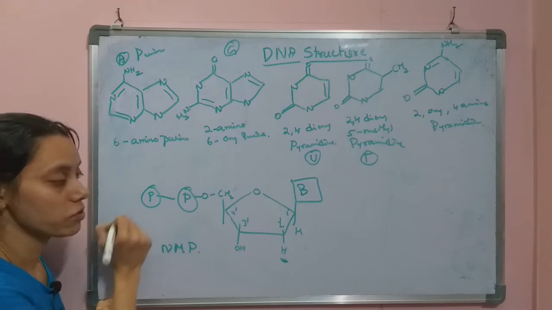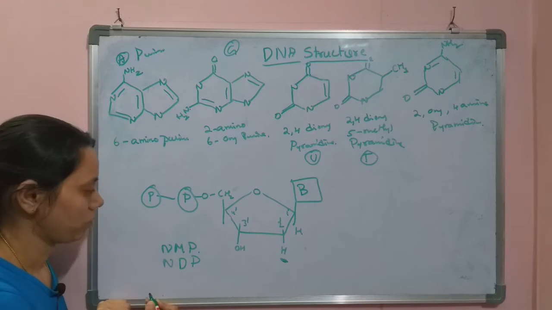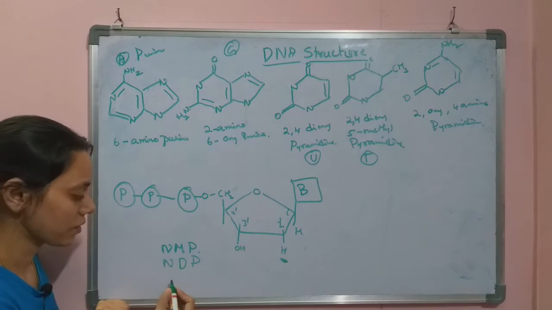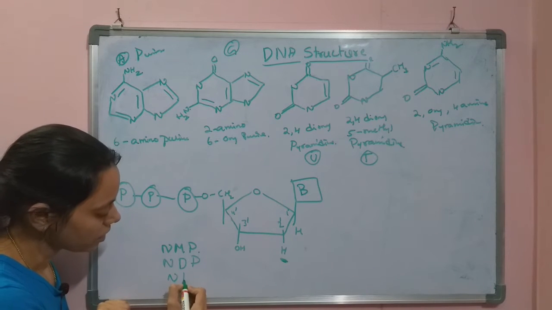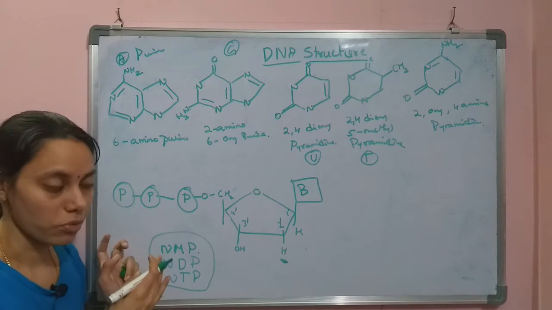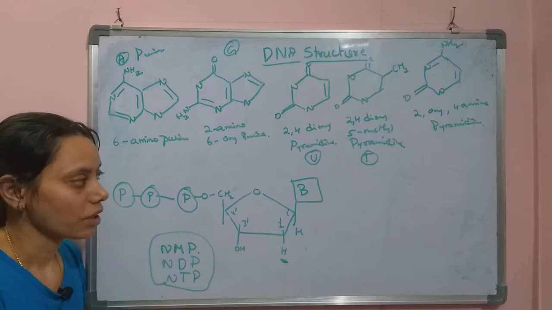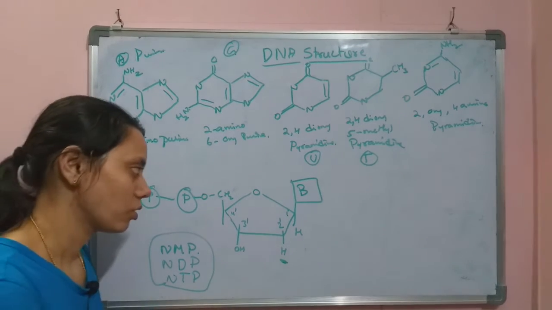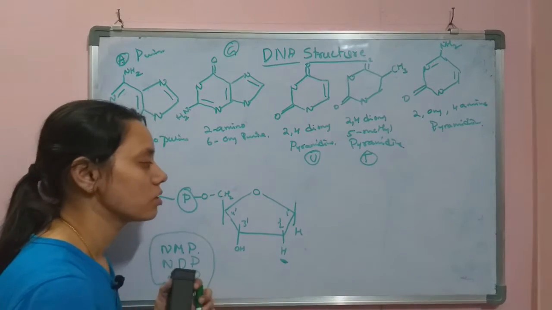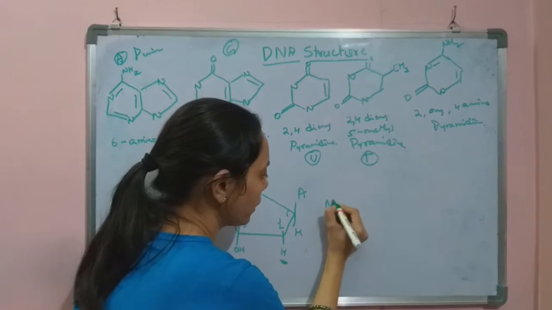If two such phosphates are present, then it is a nucleotide diphosphate, and if three phosphate moieties are there in the nucleotide, that is a nucleotide triphosphate. So based on the number of phosphates we classify nucleotides, followed by the type of nitrogen bases. If adenine is present, then it is adenine.